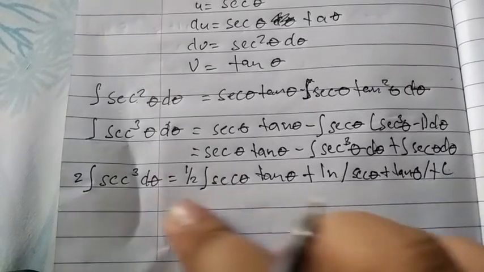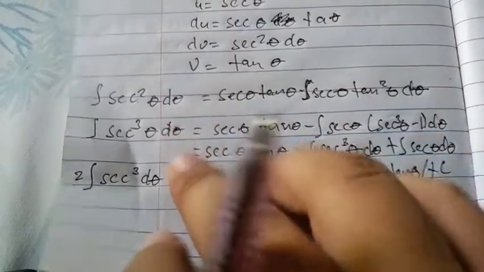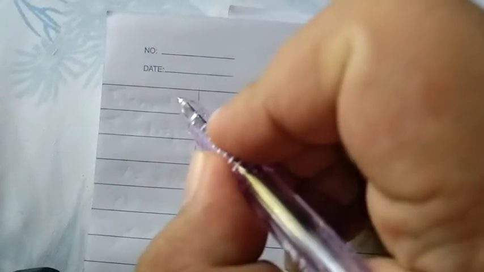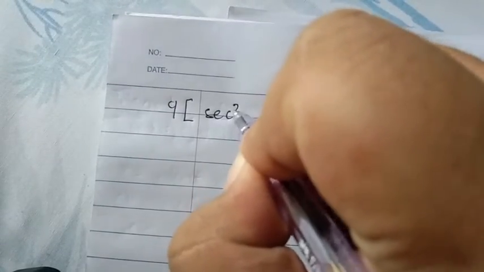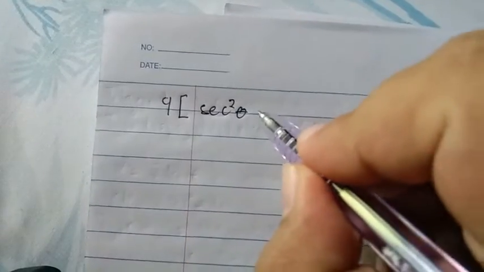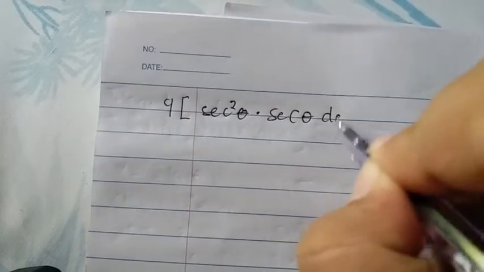Then we continue solving right here. This will be 4 sec squared theta times sec theta d theta.